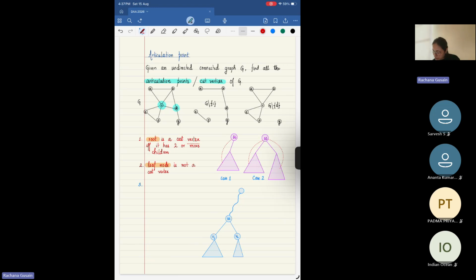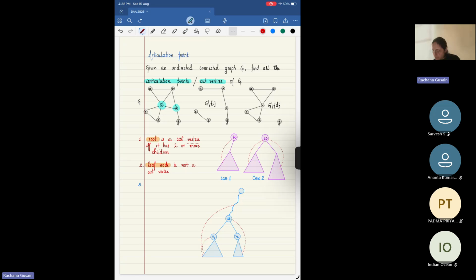Some back edge from the subtree might just go to V1. There can be a back edge going to an ancestor of U. There can also be a back edge from another child coming back to U. There can be some back edge going to an ancestor again.